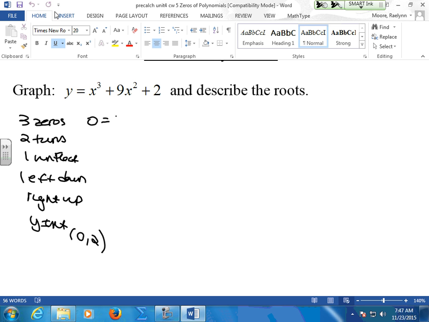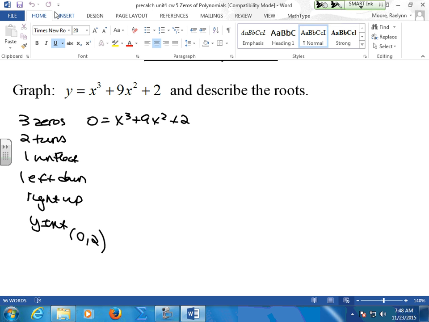So let's look at your zeros. Can I factor this? No. So this is the case where I have to put this in my calculator. If they're perfect cubes, we can factor perfect cubes, but this one's not. So now we know we can't find this algebraically. We're going to have to use synthetic division to find our zeros because it's not something we can factor right off the bat.